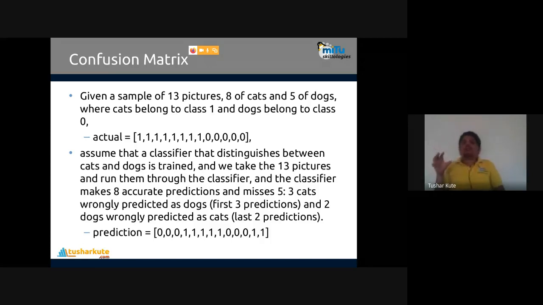Now we have created a classification model, by which you are going to predict a class. Let's say I am creating a model that predicts whether an image is a dog image or a cat image. I have built the classifier. Now I want to test it.